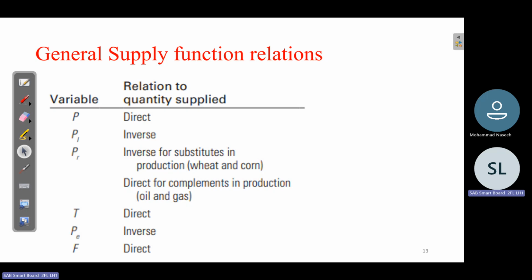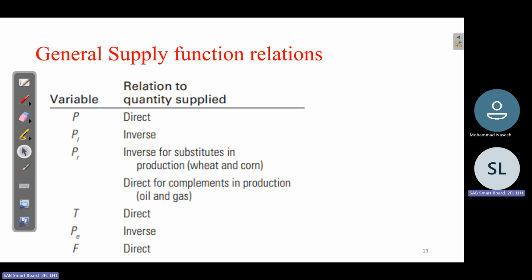The number of products available in the market will increase. Increase in the supply.